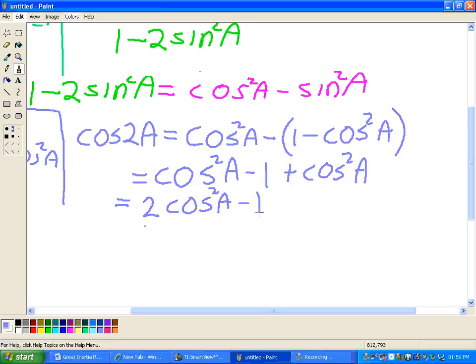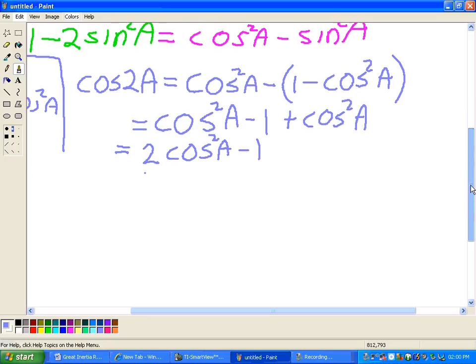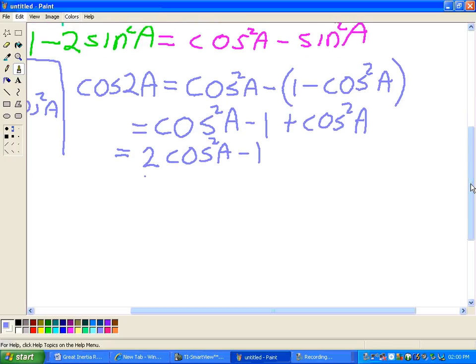So let's summarize what the double angle for cosine will be.